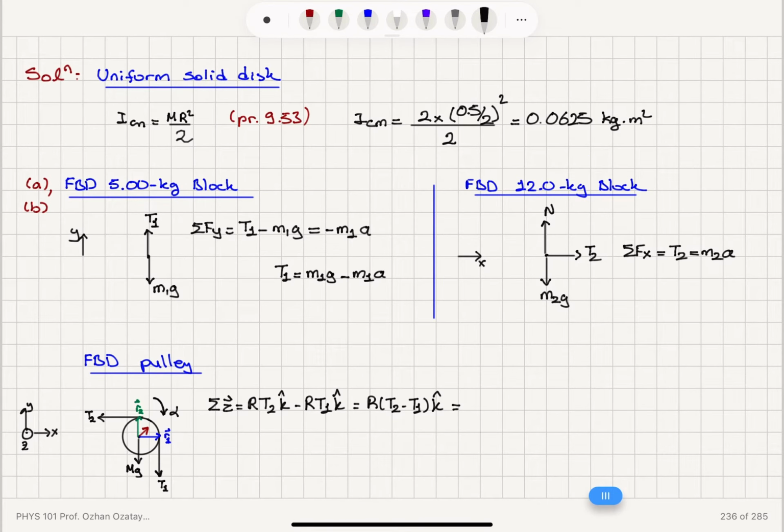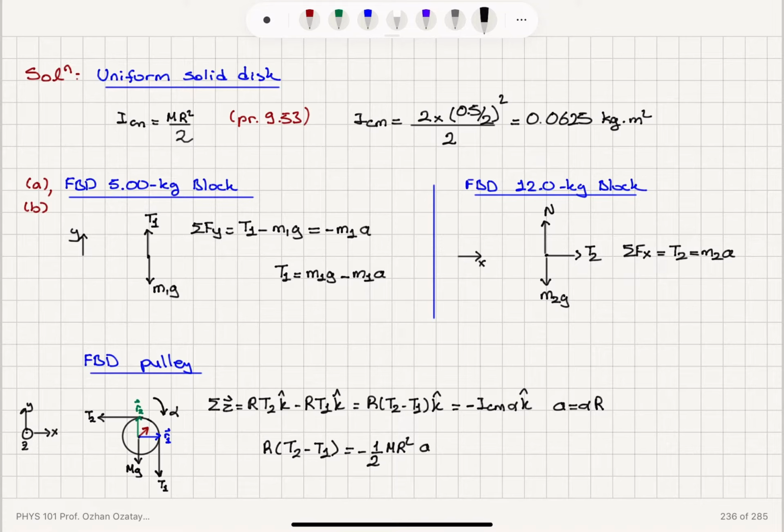So this would be equal to minus I center of mass alpha k hat, where alpha is now the magnitude of this angular acceleration, and the tangential acceleration A is related to angular acceleration alpha times capital R. So the torque R times (T2 minus T1) is equal to minus 1 over 2 capital M R squared, which is our I center of mass, times alpha.